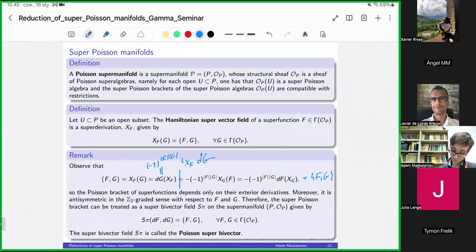Something is weird here. This is not the usual stuff, okay? Because in supergeometry there is a general rule that whenever two homogeneous superfunctions change order, a factor of minus one to the power of the parity of the first function times the parity of the second must appear.